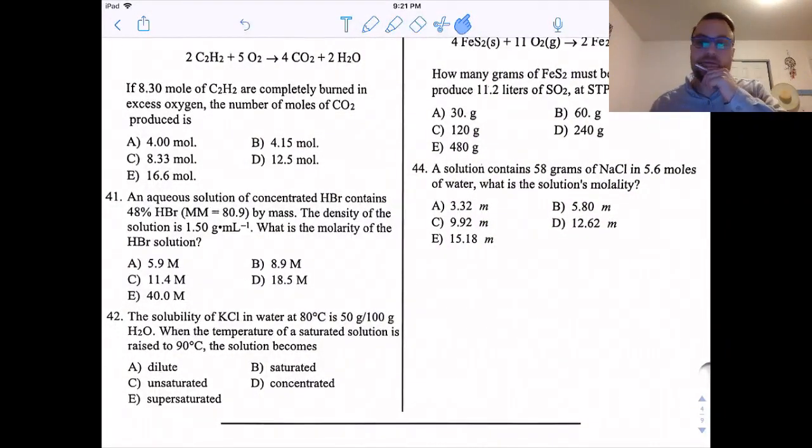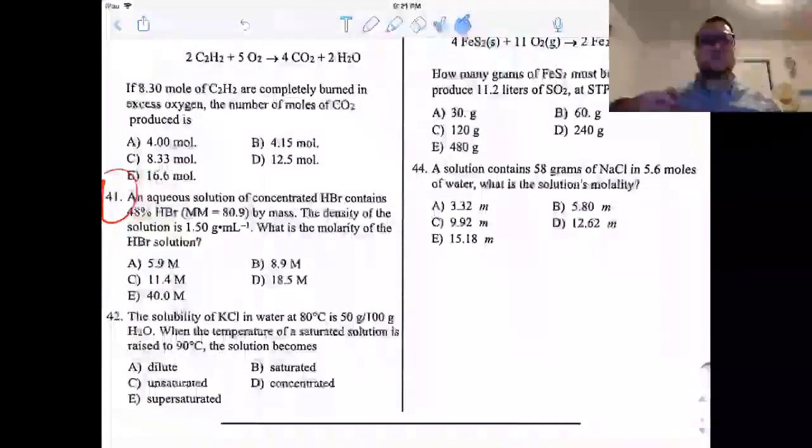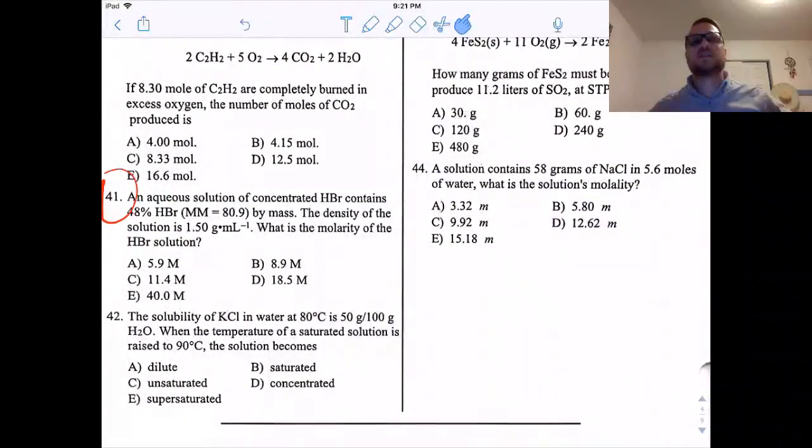We have a solution, which by definition is a solute and a solvent, which means I have some HBr, and I've dissolved it in something that I'm going to assume is water. We're getting molarity here. Actually, this is a good thing to bring up again.